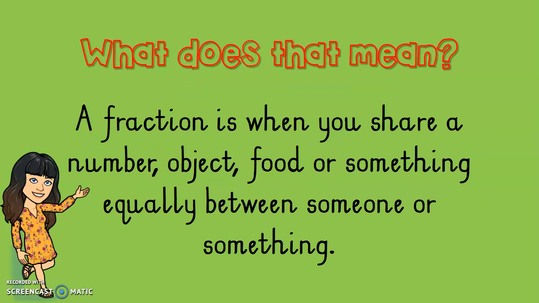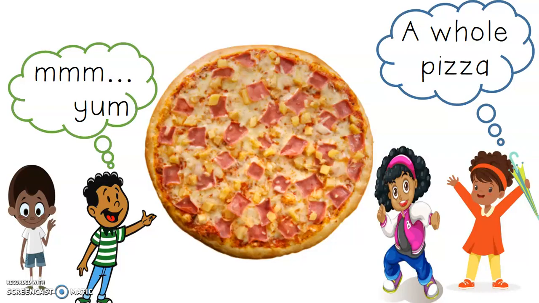What does that mean? A fraction is when you share a number, object, food, or something equally between someone or something. Yum, says Siseko. And Amelia says, a whole pizza. And we got our friends around today.